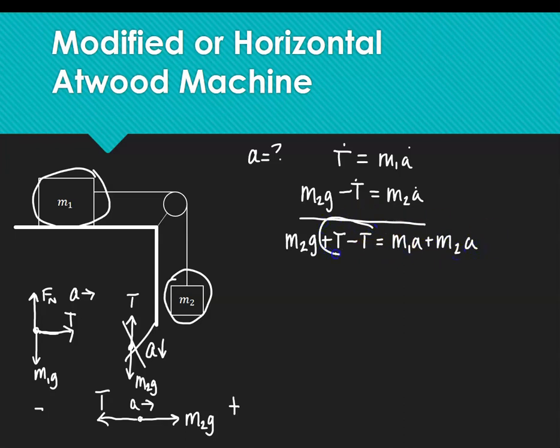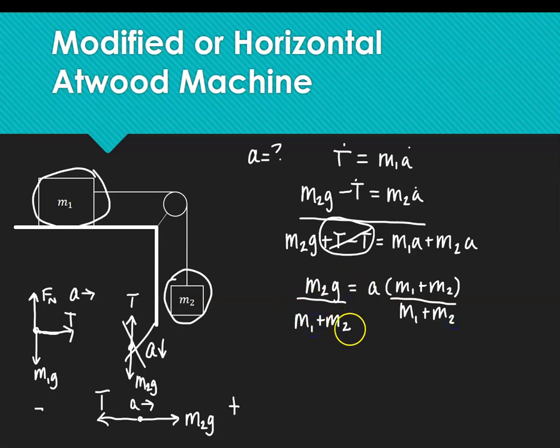And then my tensions are going to cancel, and I can factor out acceleration, and I'm going to get M2G. Now to find acceleration, I divide both sides by M1 plus M2. These cancel, and there is the equation using the object method for the acceleration of a modified Atwood machine without friction.